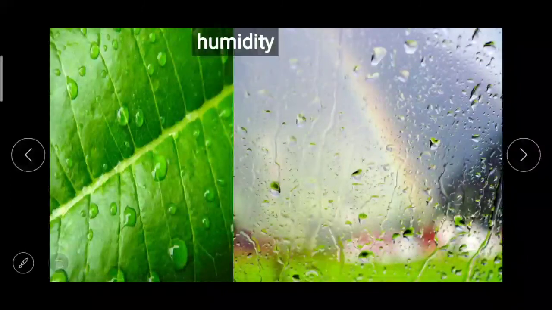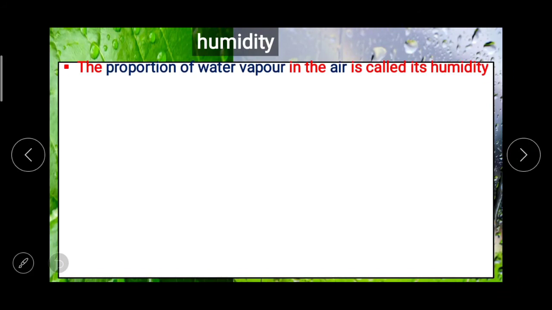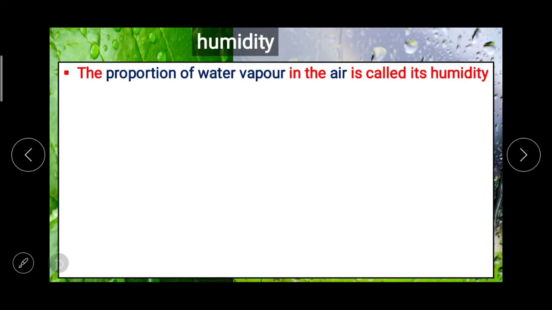Now the next thing, humidity. The proportion of water vapor in the air is called its humidity. Now this is the heading of today's topic, and that's why it is very important to learn this concept easily and understand it in detail.